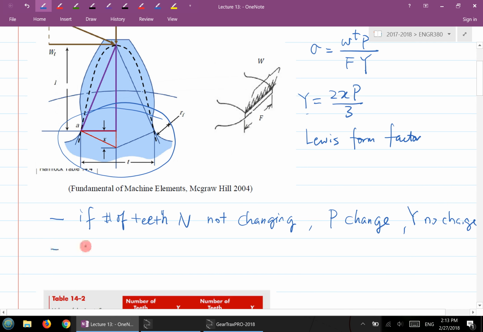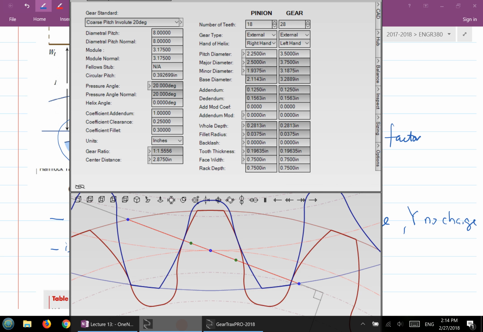However, if P is constant and you increase N, for example, if you increase the number of teeth, let's take a look at this one. I'm not going to change the diametral pitch. I will change the number of teeth.